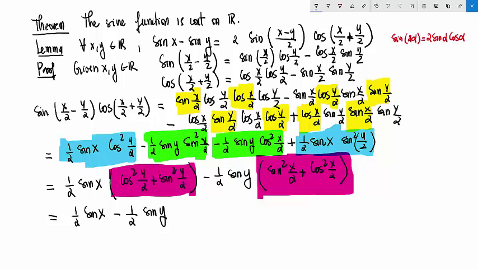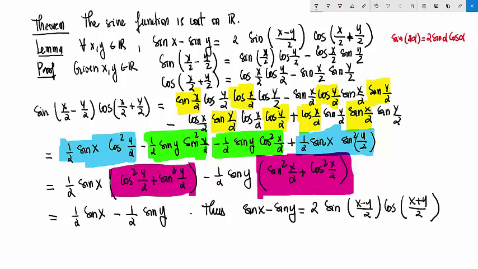Now multiplying this equality by 2 gives that sine of x minus sine of y is twice sine of x minus y over 2 times cosine of x plus y over 2. And this proves the lemma.